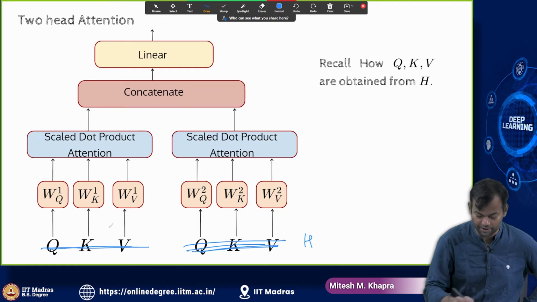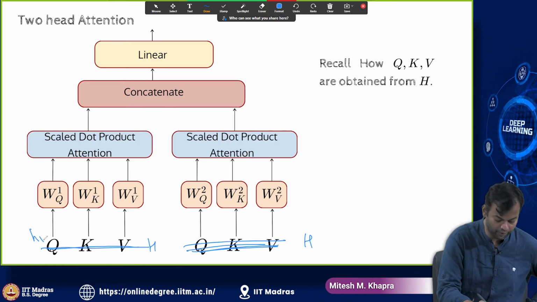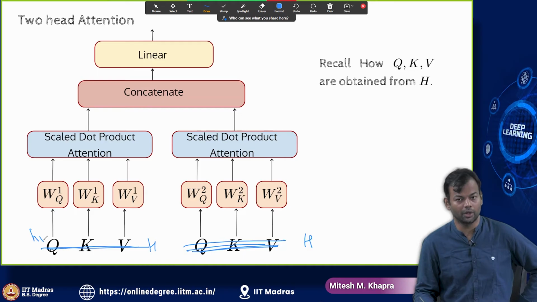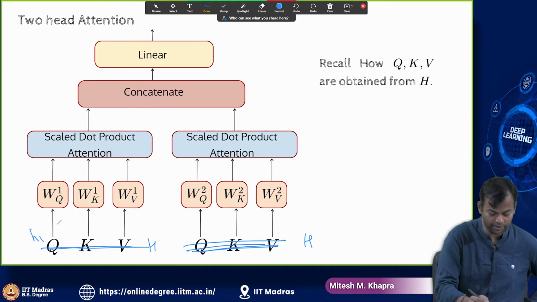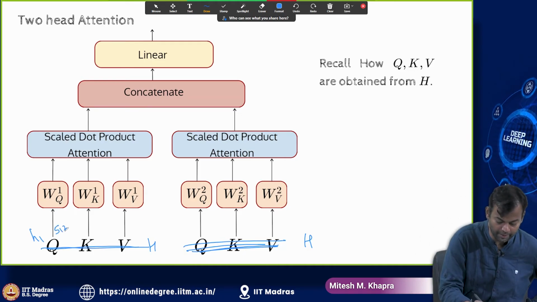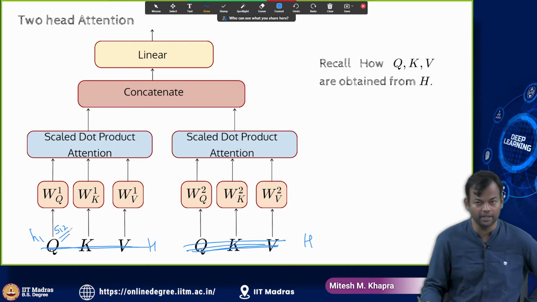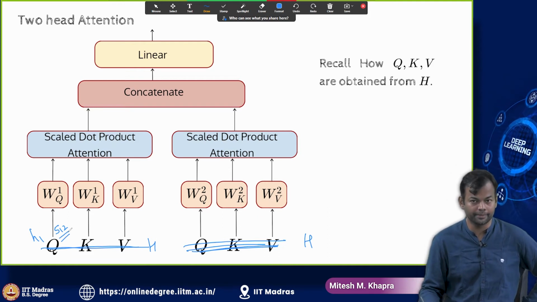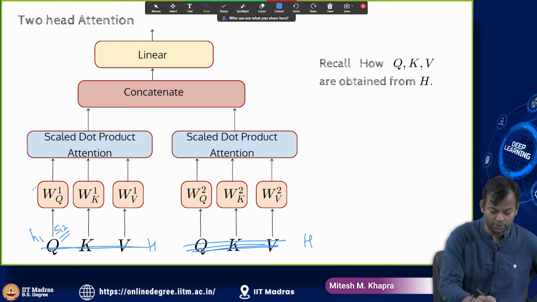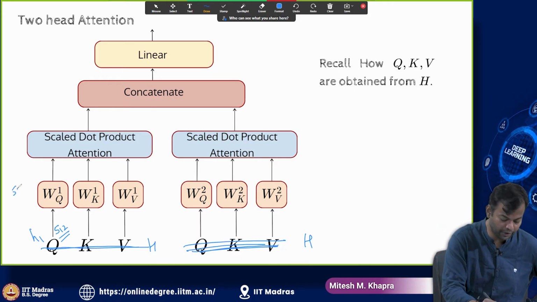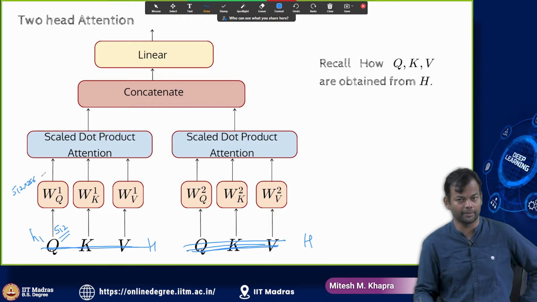So this is the H here, and let's just focus on H1. Now suppose H1 was a 512 dimensional vector. Now what I could do is choose W to be 512 cross 256. I'm just giving you an example.